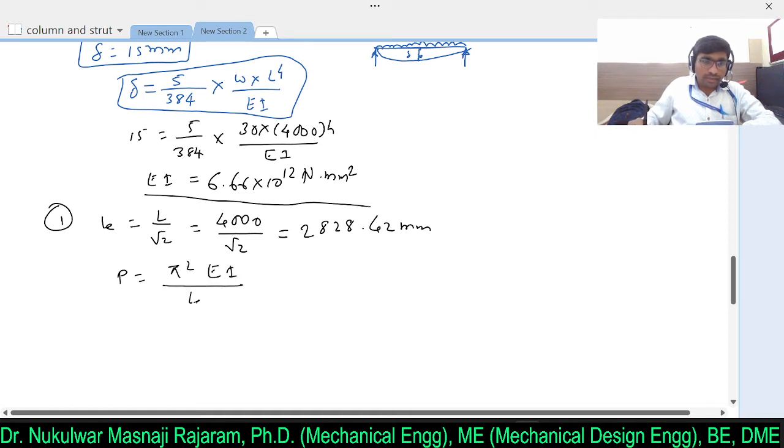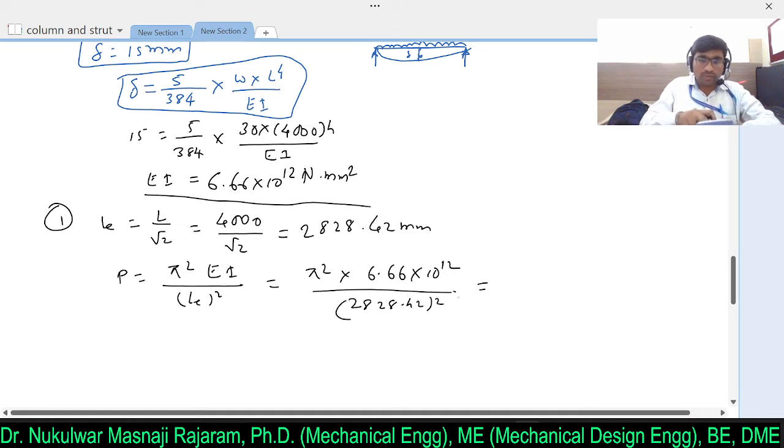So just put all the values in this formula: pi square EI divided by LE square. So pi square into EI, which is 6.66 into 10 raised to 12, divided by 2828.42 whole square.